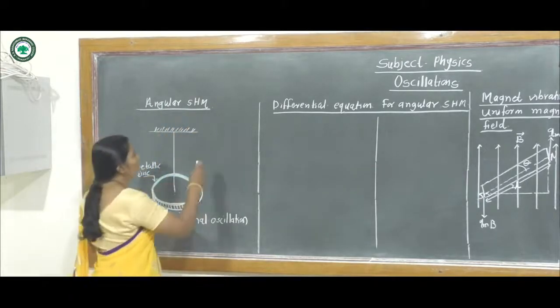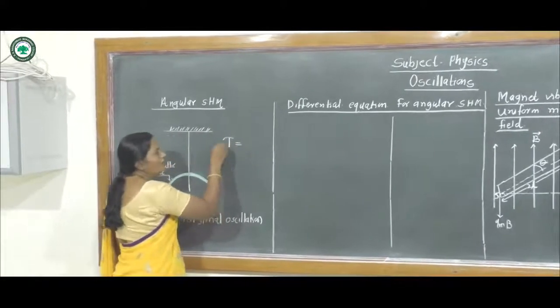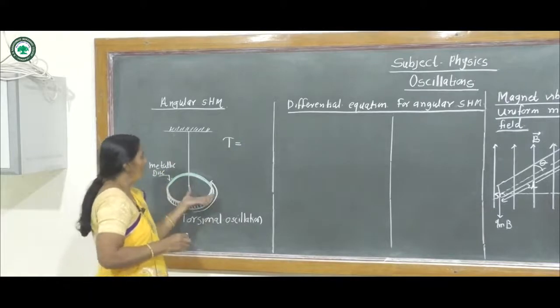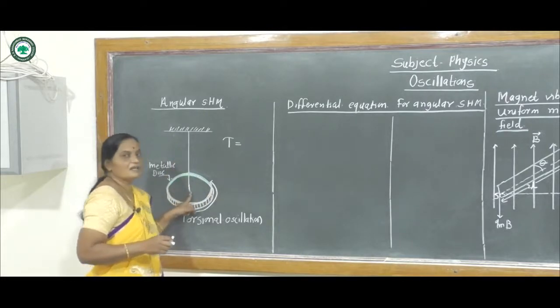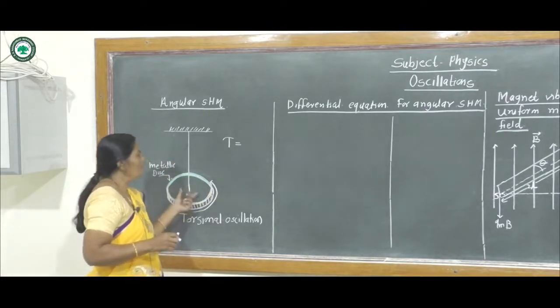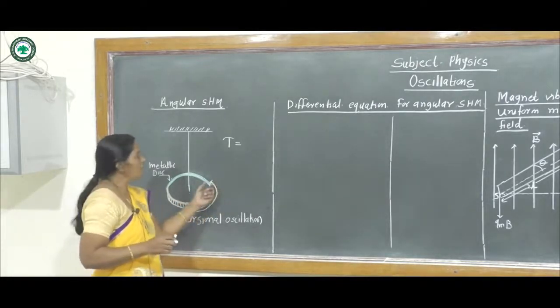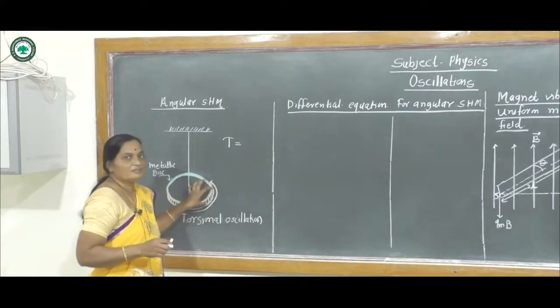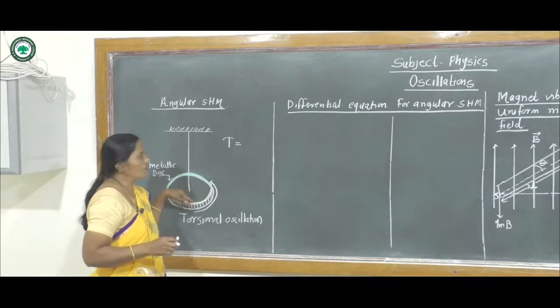Now, what is torque? Torque is the quantity which acts on this metal disc when it is in rotating motion. Suppose this is the equilibrium position. Now this disc is rotated through an angle, then there is a displacing torque or restoring torque acting on this metal disc and it tries to go towards the mean position.